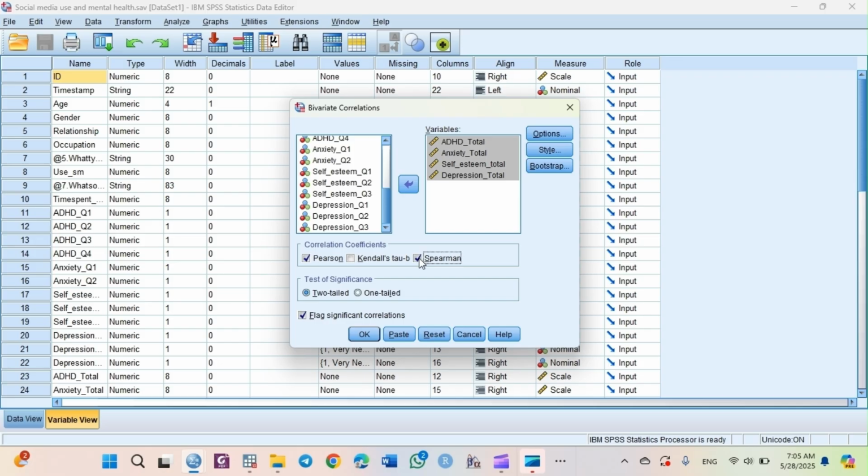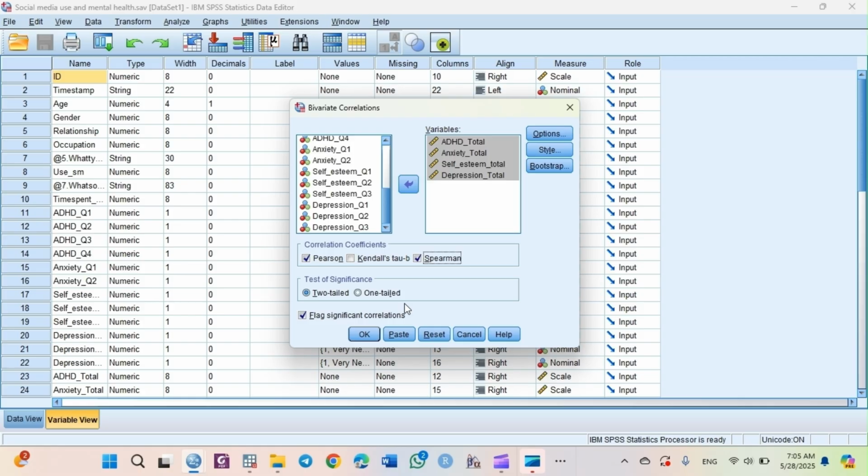The other is the test of significance, the two-tailed test or one-tailed test. If your hypothesis is interested in both the positive as well as the negative directions, you can choose the two-tailed test. Otherwise, choose the one-tailed test.